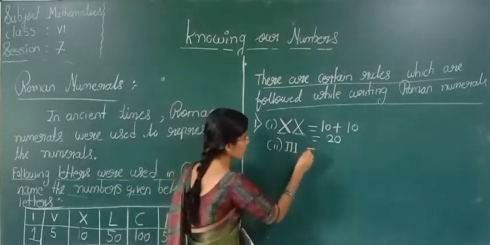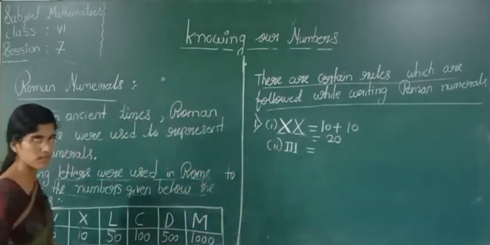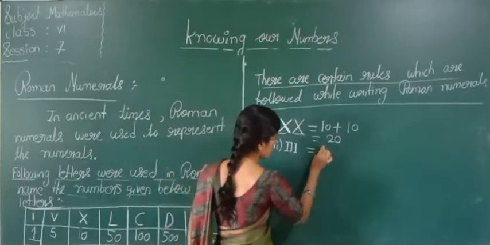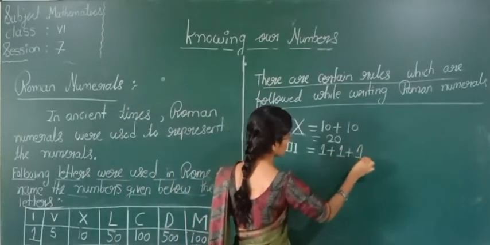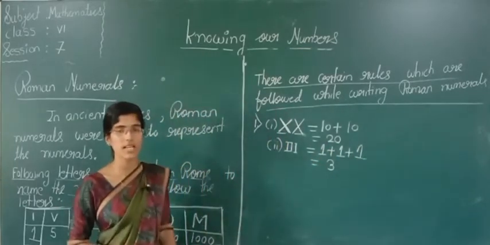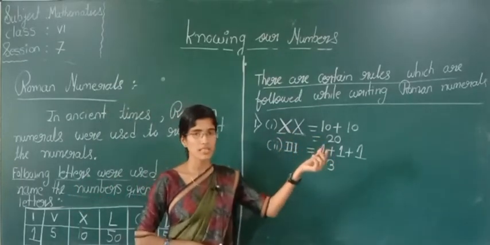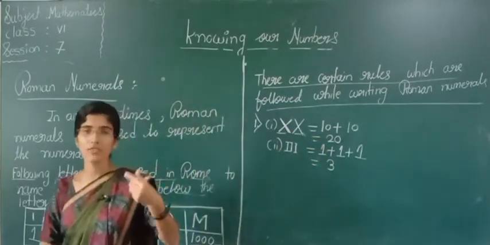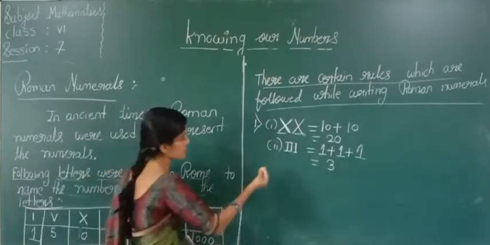What is the value of I? It is 1. 1 plus 1 plus 1 is 3. The first rule tells us that if a symbol is repeated, then its value is added as many times as it occurs.